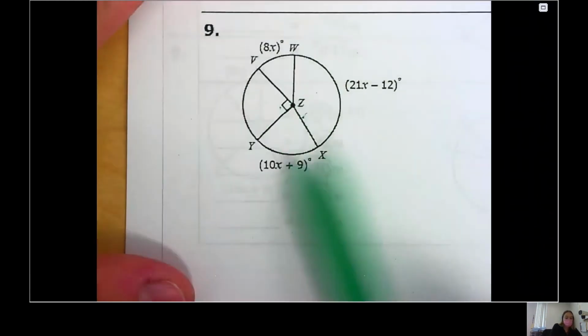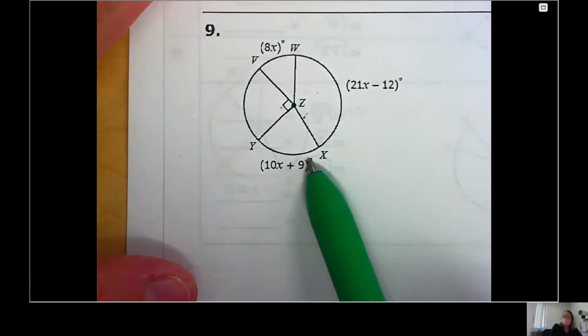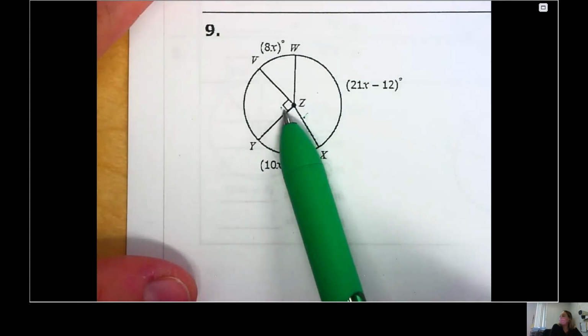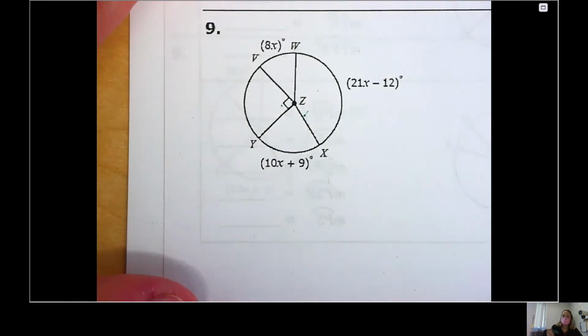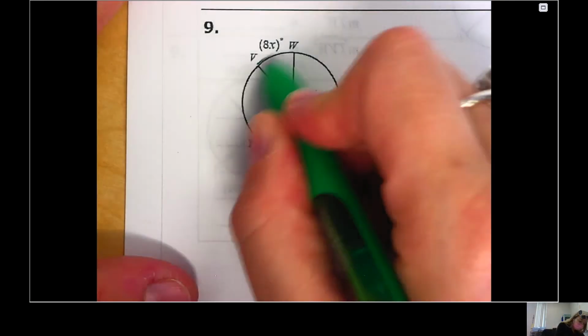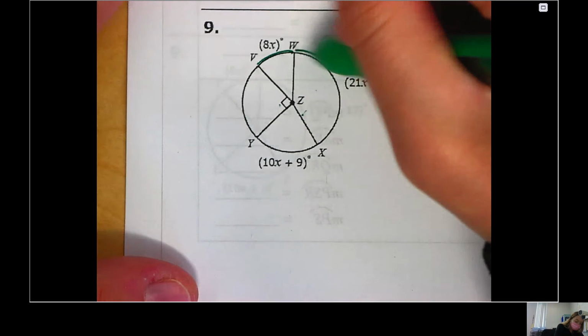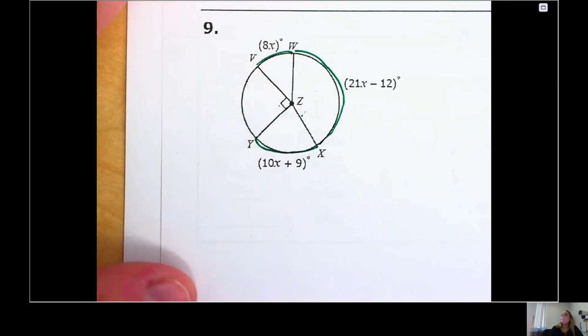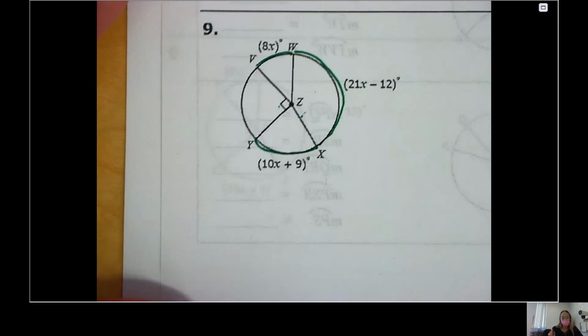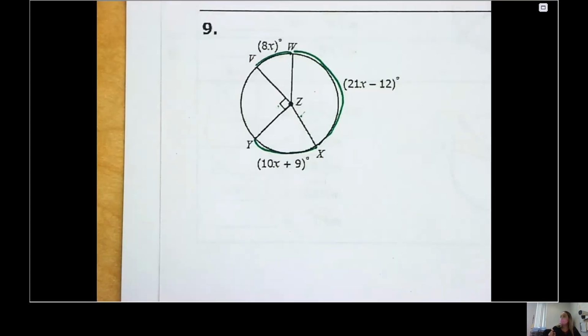Here's what you can do though. You know the whole thing's 360, right? Let's take away 90 from 360. What do you got? 270. So I know if I put together arc VW, arc WX, and arc YZ, I should get 270 because I'm taking this chunk out of it.